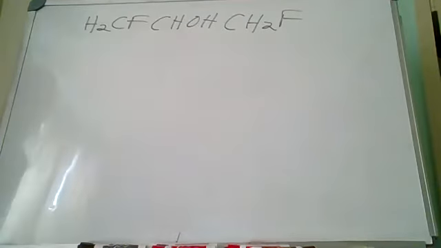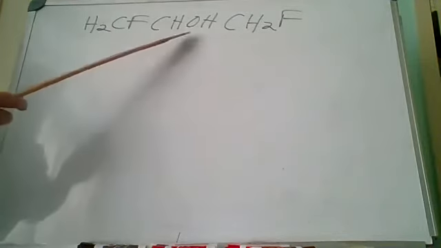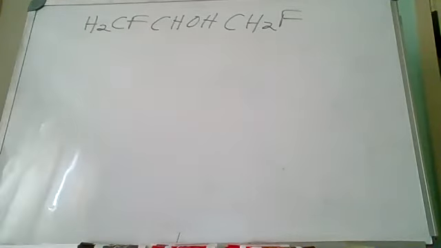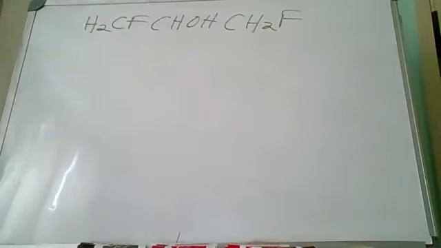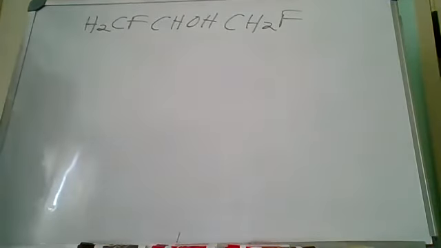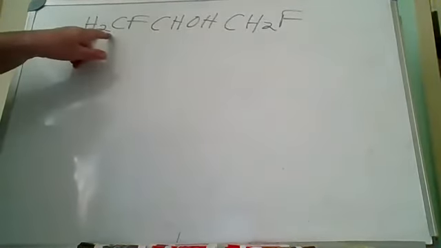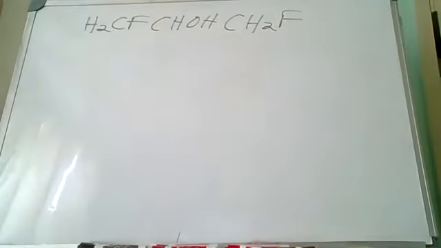Now, we know what CH2 looks like. Well, first off, we should ask, do we have any functional groups? It looks like that's probably an alcohol. Now, I don't see any CH2. Oh, actually, there's one here, and there's actually a CH2 here.